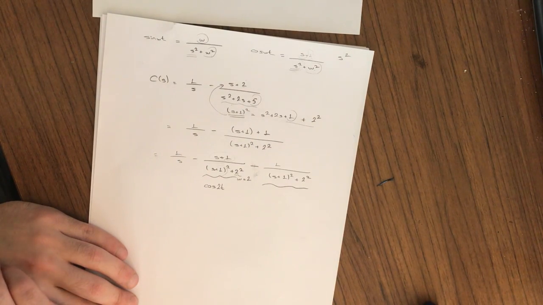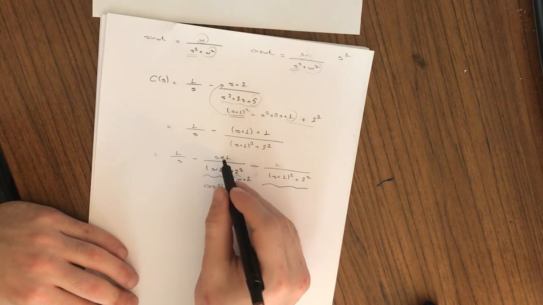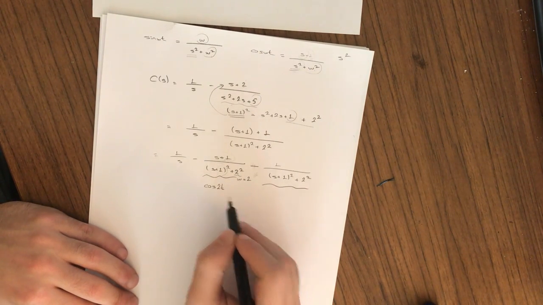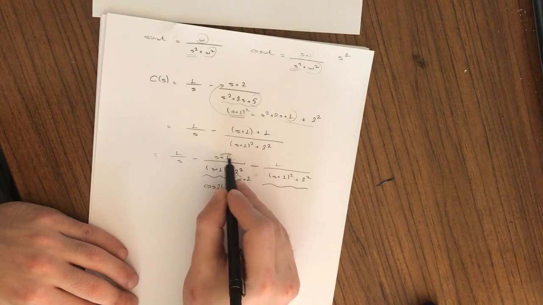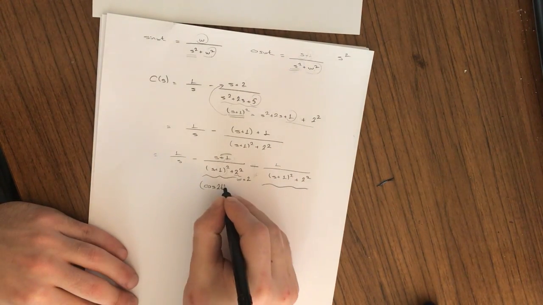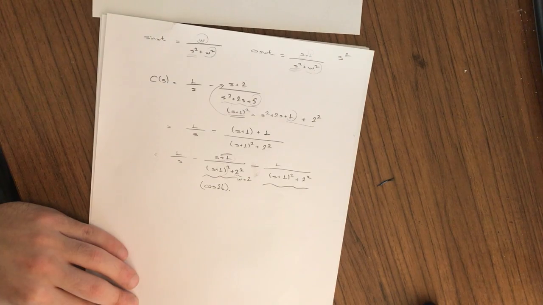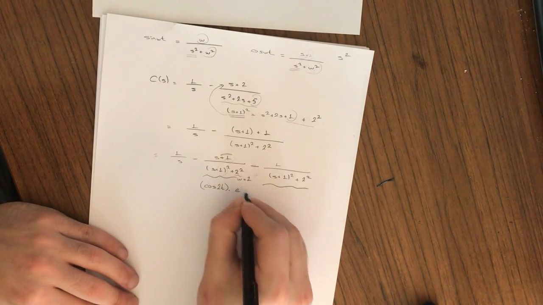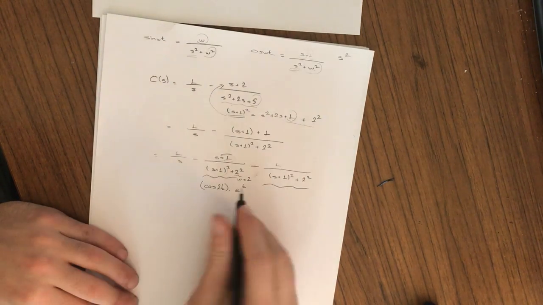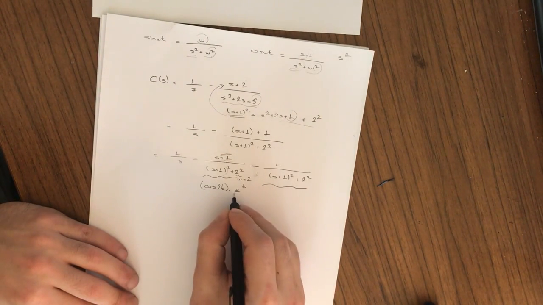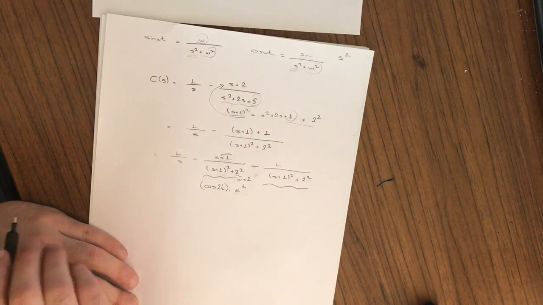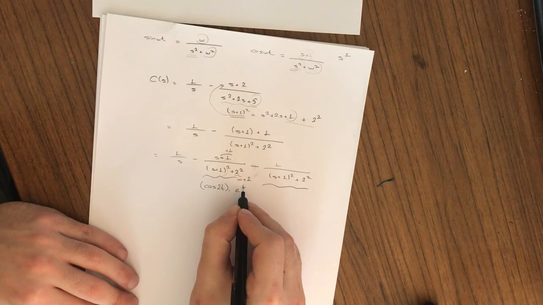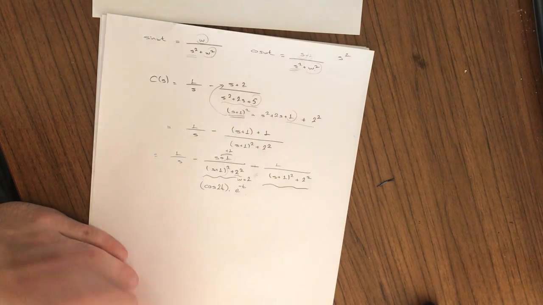But it's not enough, because if this function was s over (s squared plus 2 squared), this would be the inverse Laplace transform. But as you can see, we got this additional plus 1 term here, and it converts into an exponential term in the time domain. So this additional plus 1 brings up an exponential term, e to the power of t, and the additional term, plus 1, goes to the power expression with a negative sign, so minus 1.